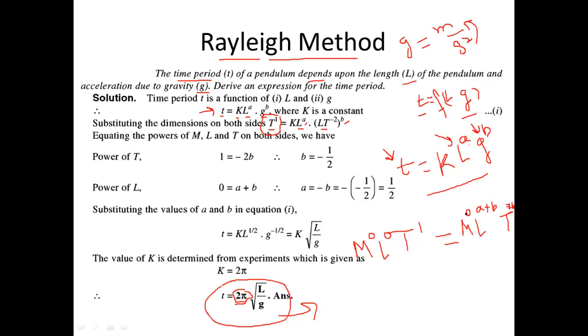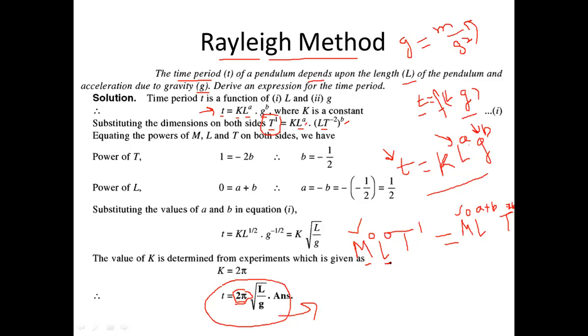So I can say mass is M to the power 0. Now my statement was that we will compare the respective fundamental dimensions: mass with mass, length with length, and time with time. See, M to the power 0 here also and M to the power 0 here also. It is dimensionally homogeneous. Now second is homogeneity in length.